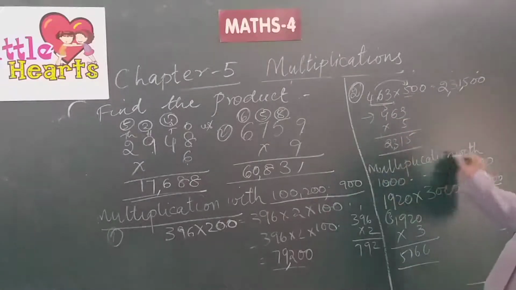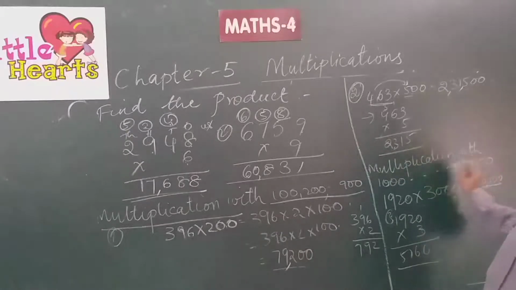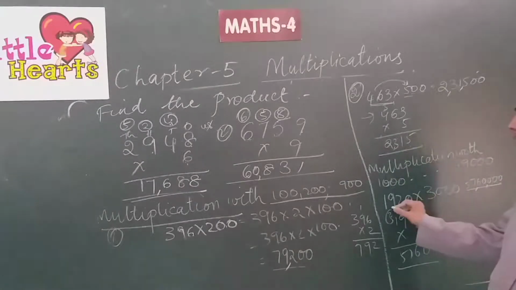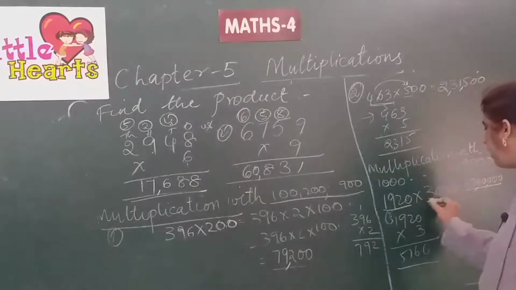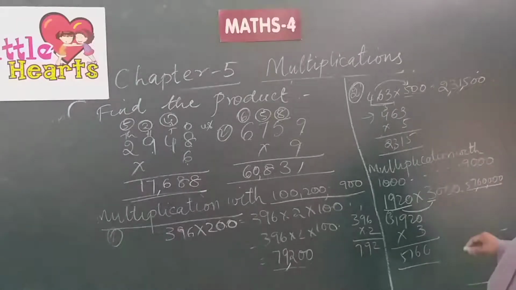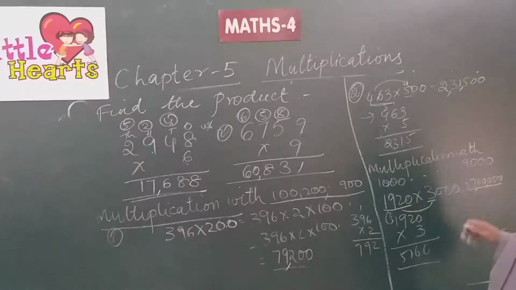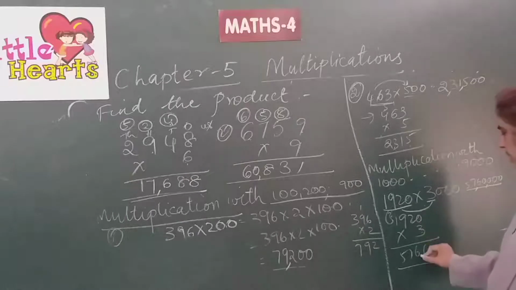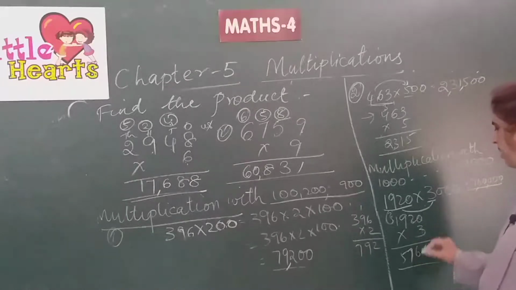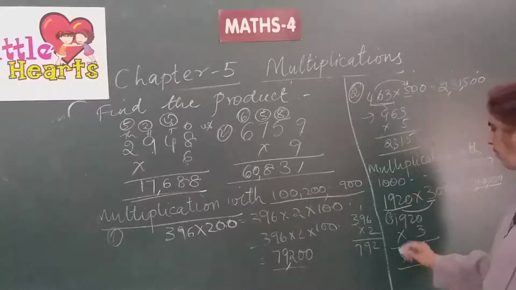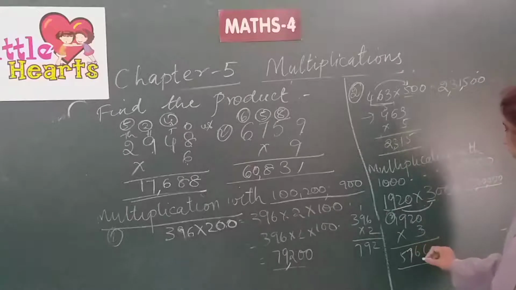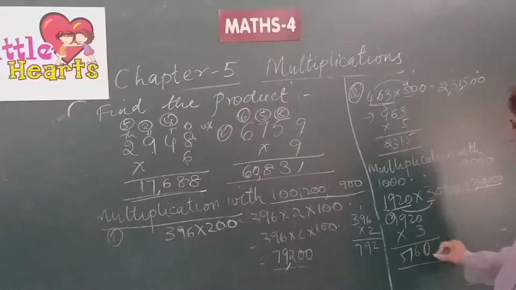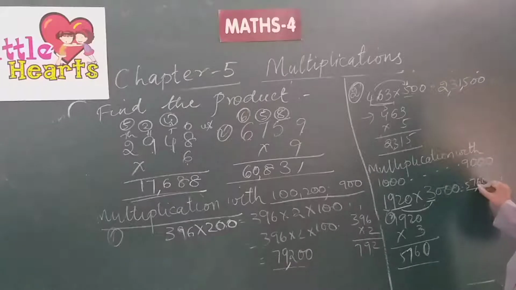And multiplication with multiples of 1000, 1000 to 9000. 1920 into 3000. For this also, you need to multiply the given number with 3, and the product should be followed by 3 zeros. 3 zeros are 0, 3 2s are 6, 3 9s are 27, 3 1s are 3 plus 2, 5. 5,760 is the product, and this 5,760 followed by 3 zeros.